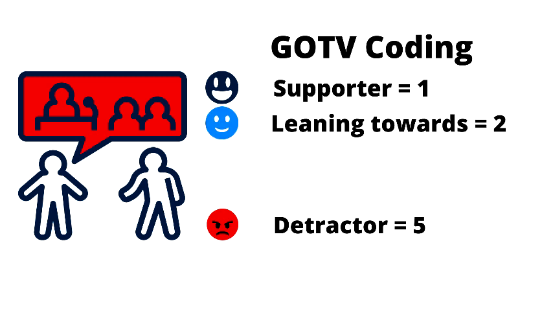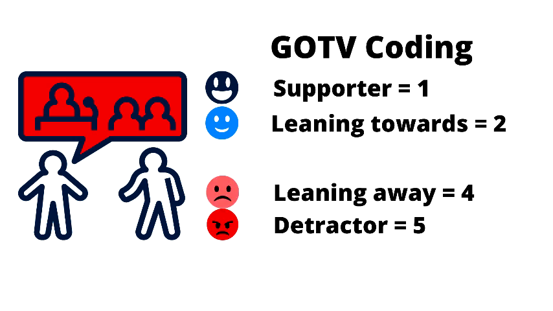So anyone that is thinking of supporting you, maybe they've heard of your candidate but aren't ready to commit, maybe they're a member of the same party as your candidate, well, they get assigned a number 2. Anyone that's leaning away from your candidate, meaning that they haven't said they're not going to vote for your candidate, but they don't agree on some of the issues, maybe they're a member of the other party, who knows? They've basically not committed yet and are definitely leaning away from you. That gets a number 4.